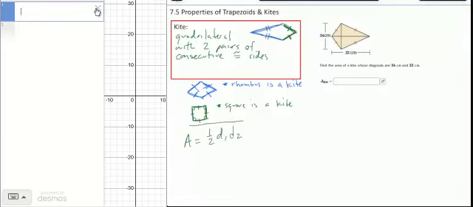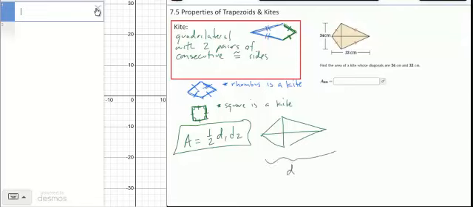This is exactly what we saw when we did the rhombus. Because a rhombus is a kite, this area formula worked as well. And so when you are looking at the area of a kite, you have one diagonal, a second diagonal, and your total area. Again, the kite has congruent sides here, congruent sides here.